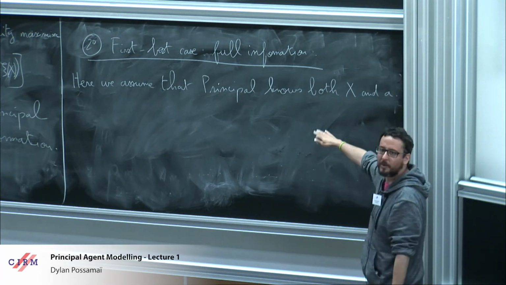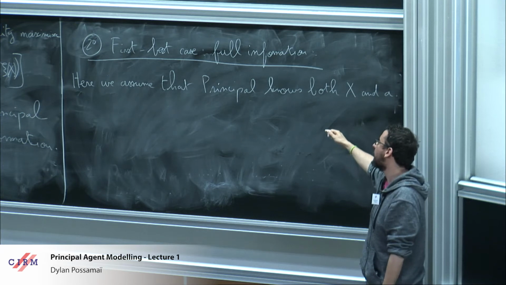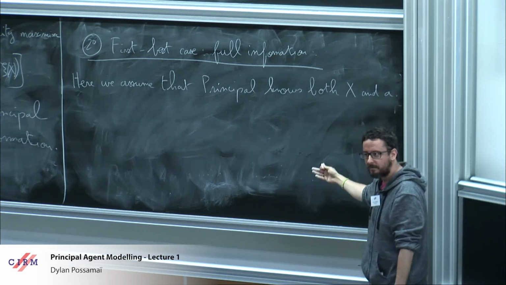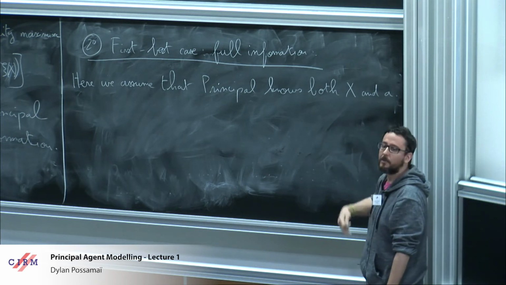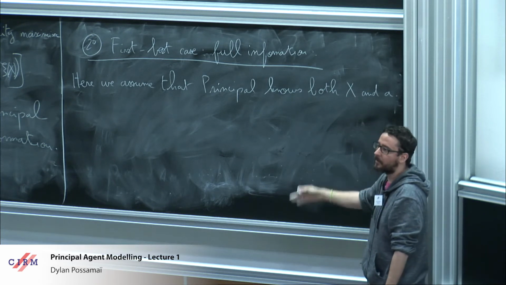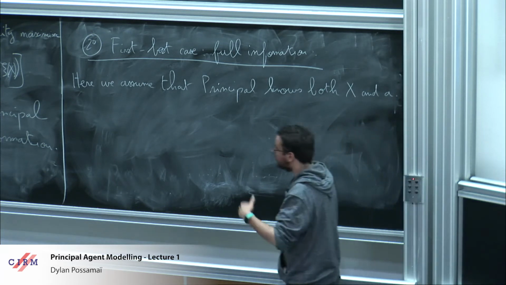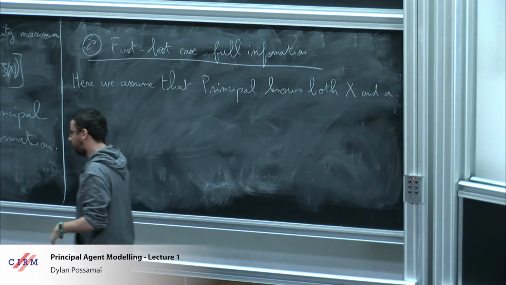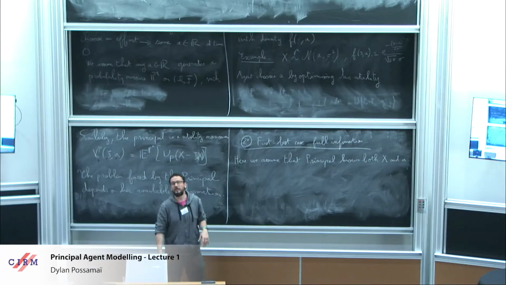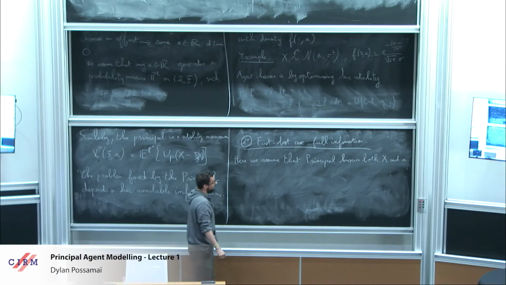He will have a choice in terms of whether he accepts or refuses the contract, but once the contract is accepted, he will perform exactly the amount of effort that the principal wants, and he will receive exactly the amount of money that the principal wants.